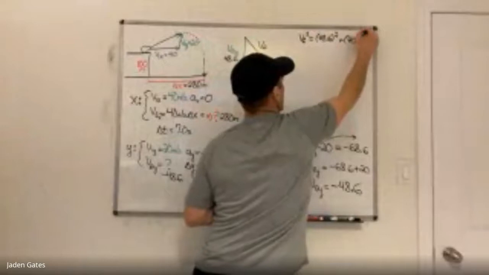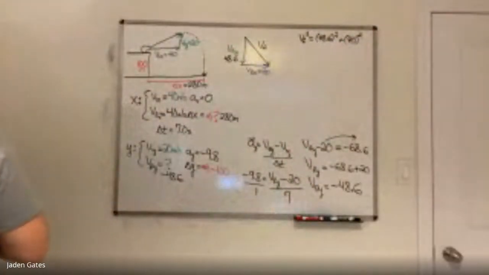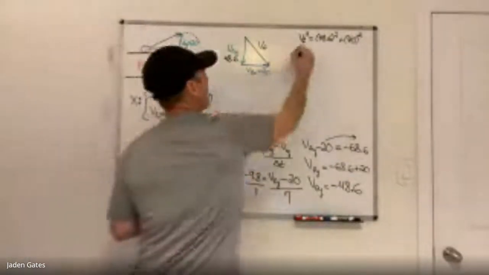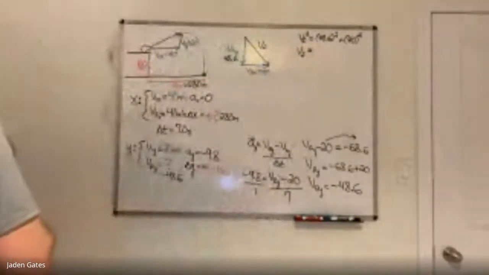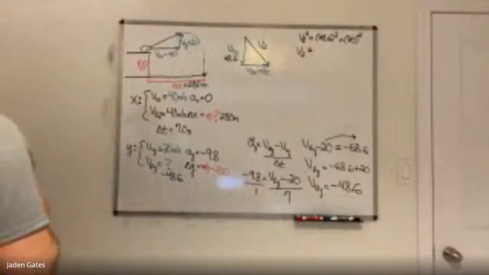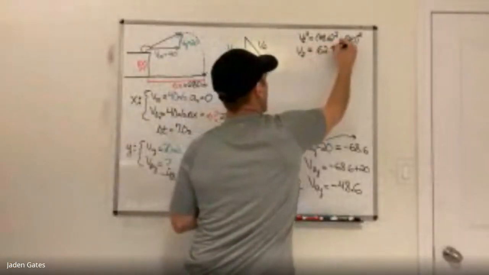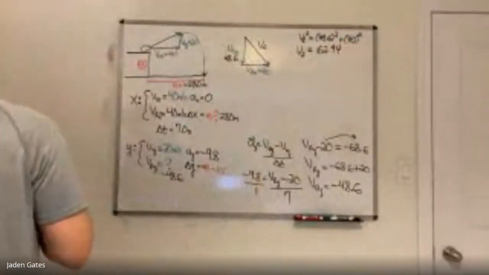Skipping a few steps using the old Pythagorean theorem, I get 62.94. So there's the magnitude of my vector.